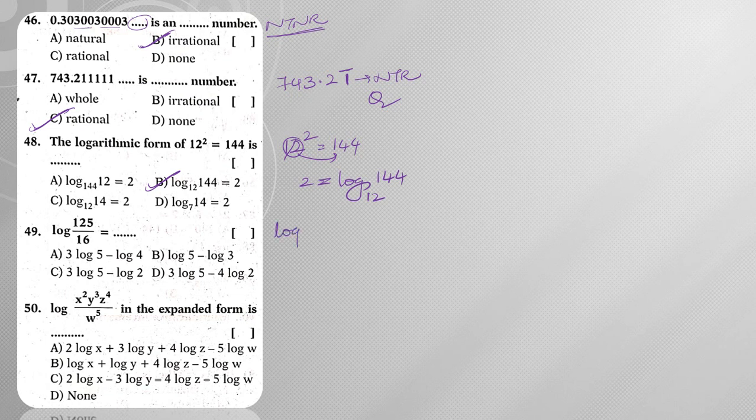This is log of x by y, which I can write as log A minus log B, right? Again 125 I can write as 5 cube minus log 16, which is 2 power 4. Again using power rule, I can write this as 3 log 5 minus 4 log 2. So 3 log 5 minus 4 log 2, option 4 is my answer, right?